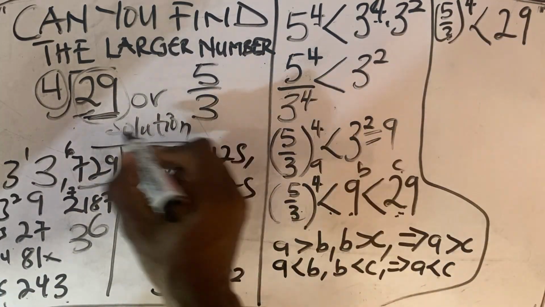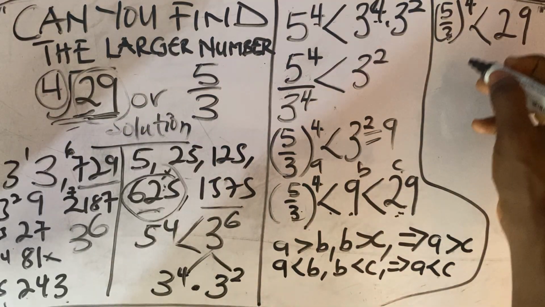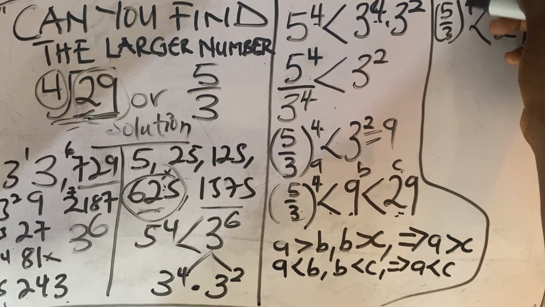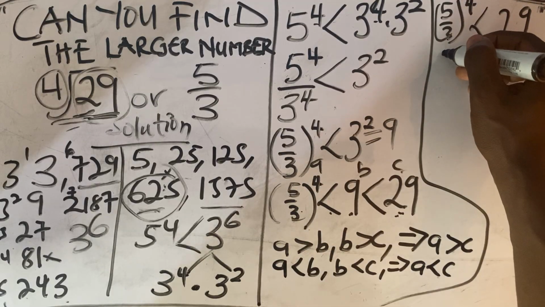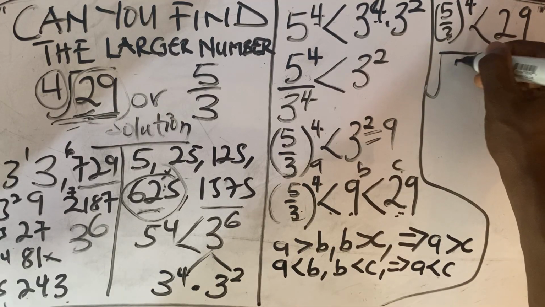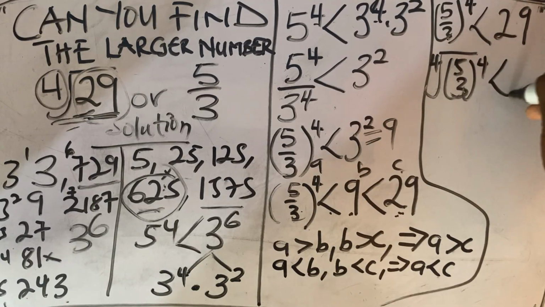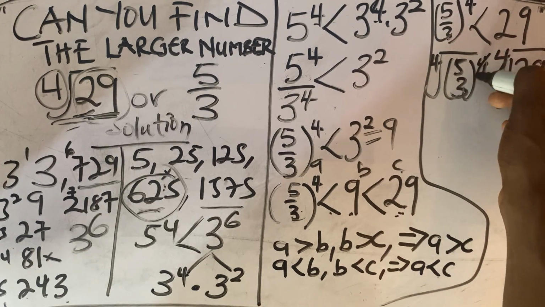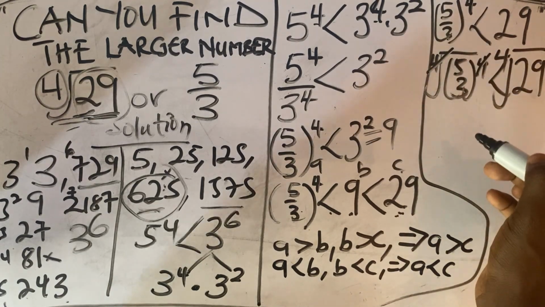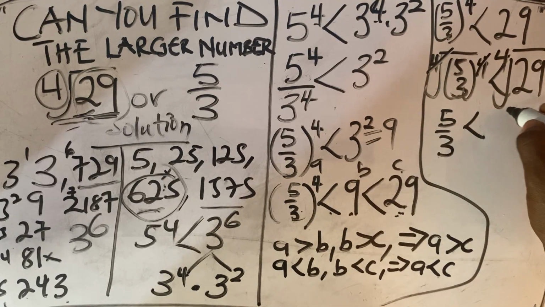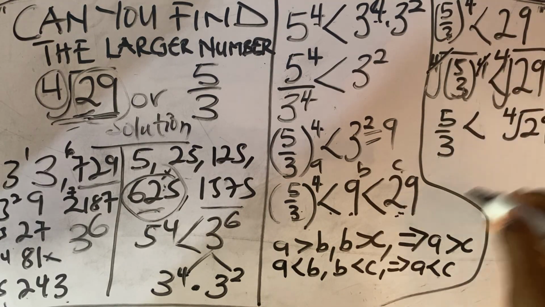Now from here, let's simplify this. Remember, we are working towards this, right? So how can we make this power here go away? We can just do the 4th root on both sides. So if I apply the 4th root over here and then I do the same on this side, you realize that this power here will get rid of the 4th root, and I have just my 5 over 3 being less than the 4th root of 29 in this case, right?